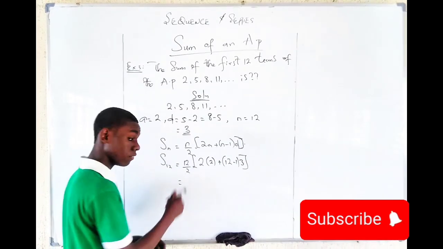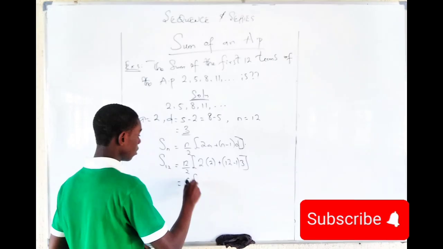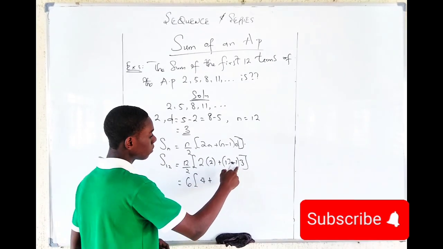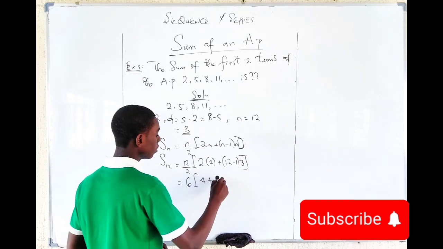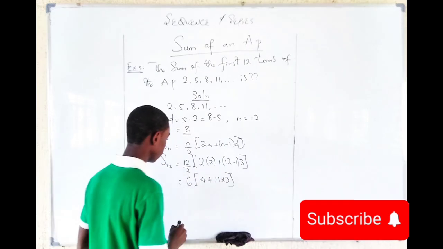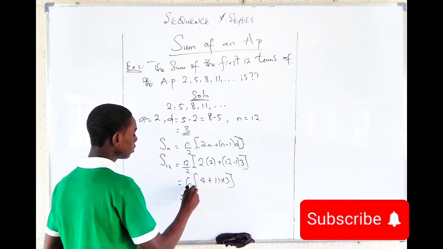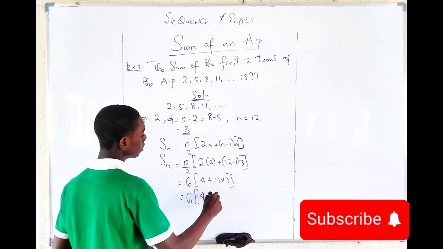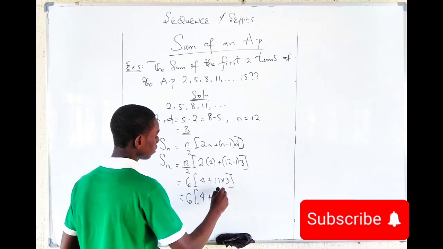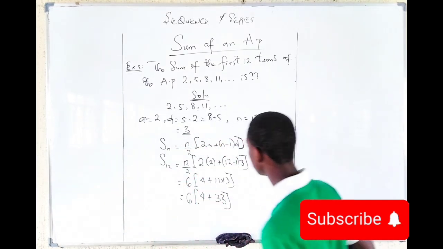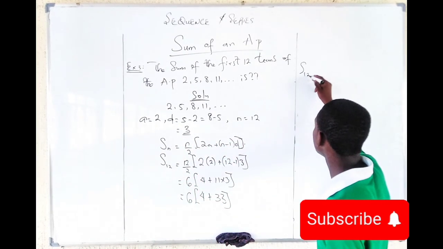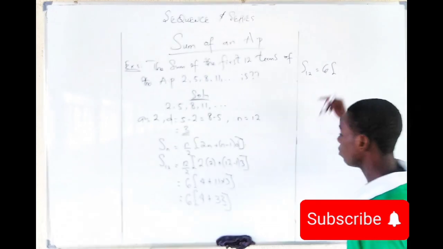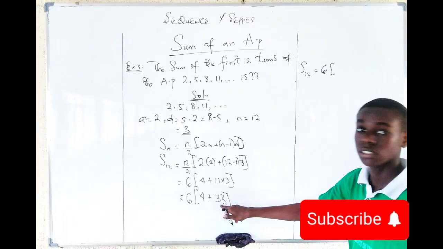So 12 divided by 2 is 6, multiplied by 2 times 2 is 4, plus 12 minus 1 is 11 times 3. So 6 into 4 plus 11 times 3 is 33.